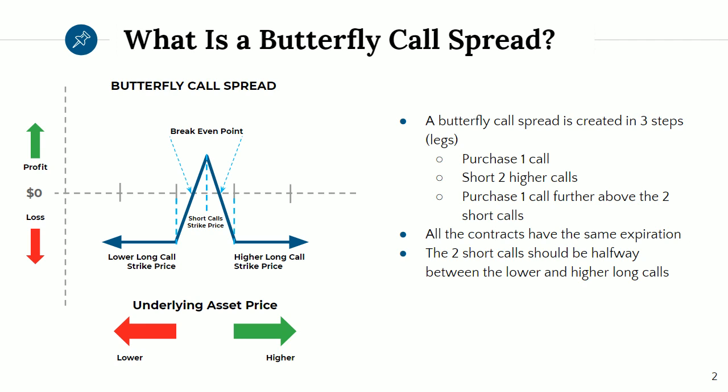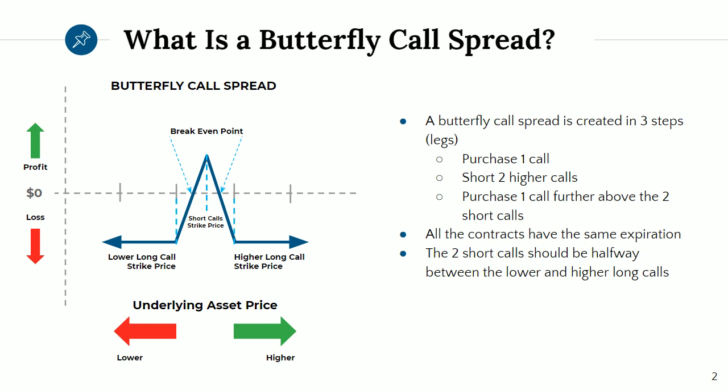Those two higher calls are going to have the same strike. And then lastly, you purchase one call further above those two short calls, right? So you purchase one call, which is the lowest, short two calls above it at the same strike, and then you purchase another call even above those two short calls to complete the butterfly spread, all right?